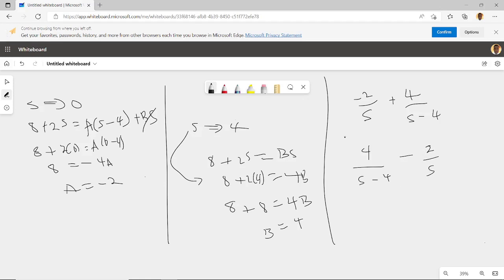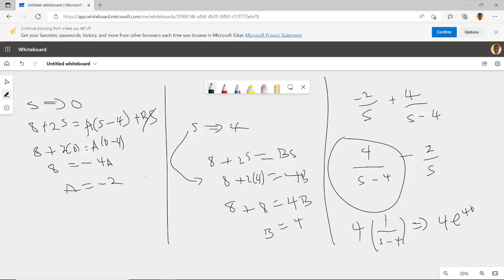Now, if we go back to our table, we know that this 4 over s will only be 4 into 1 over s minus 4, and this is the same thing as 4e^4t, because a here is 4.